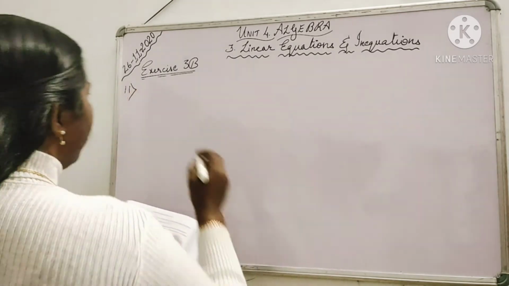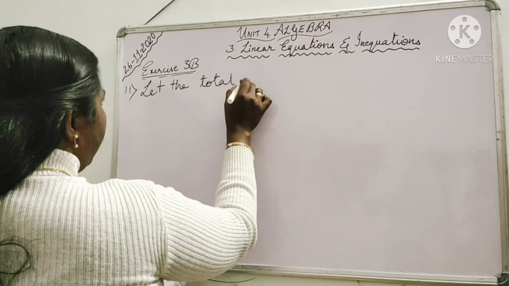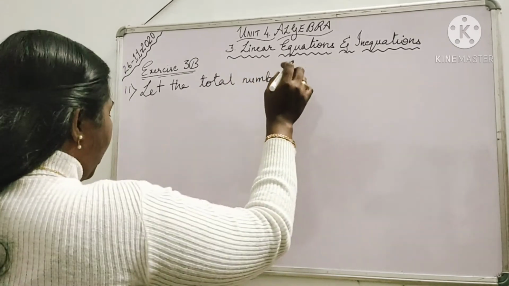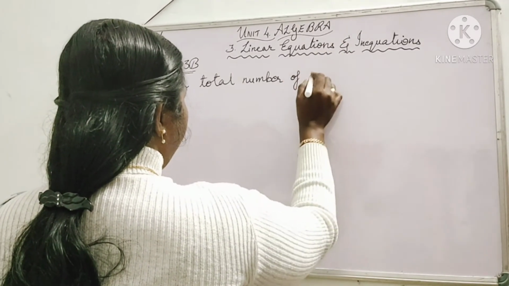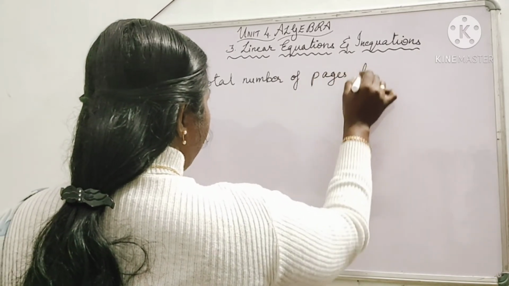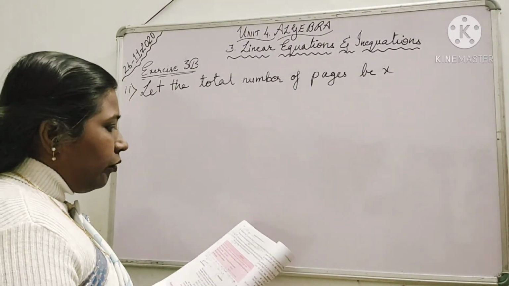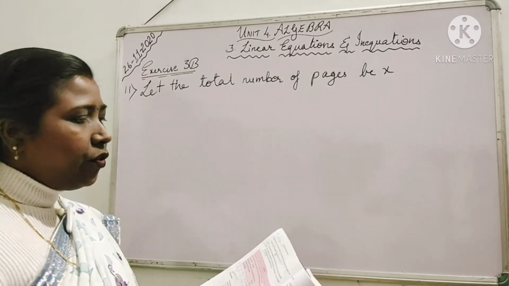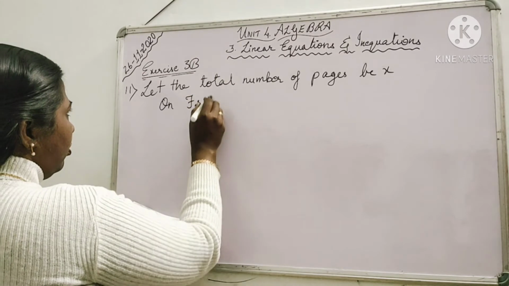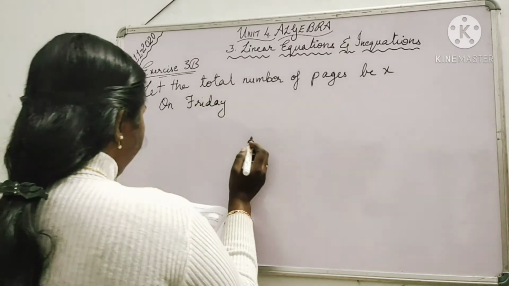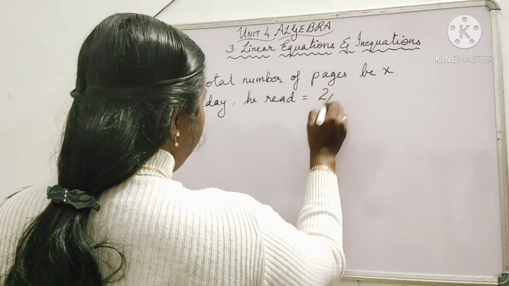So we have to find out how many pages altogether. First I will write, let the total number of pages be x. Now on Friday, he read 2 by 9 x.